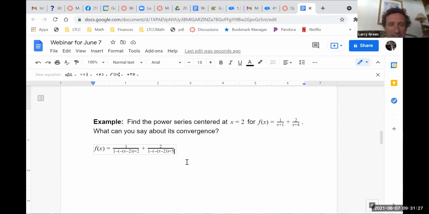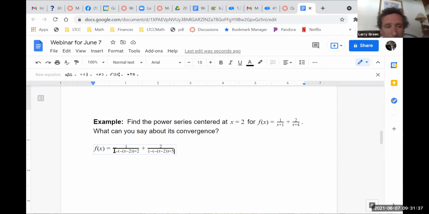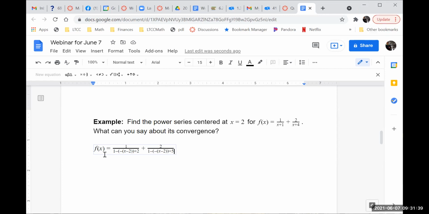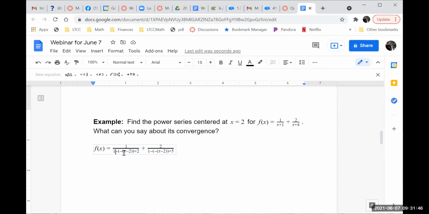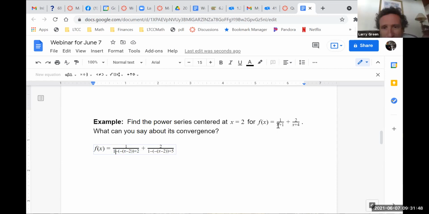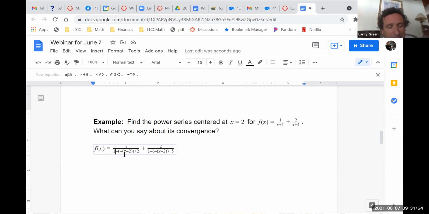Tricky algebra. Yeah, can you show us the step before you added the plus 2 and plus 5 to the denominator? Okay, so I need to make it 1 minus r, right? So I have a 1 minus. First thing, you just blindly write 1 minus. Okay. Well, I have an x here. So I can't write it as 1 minus x because that'd be a negative x.